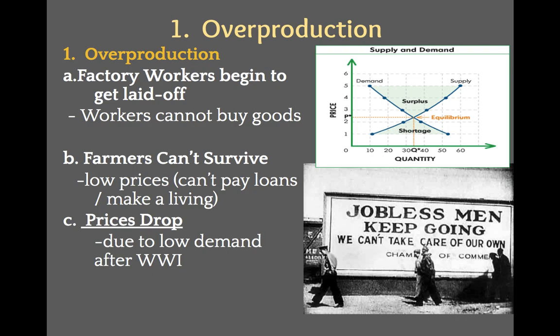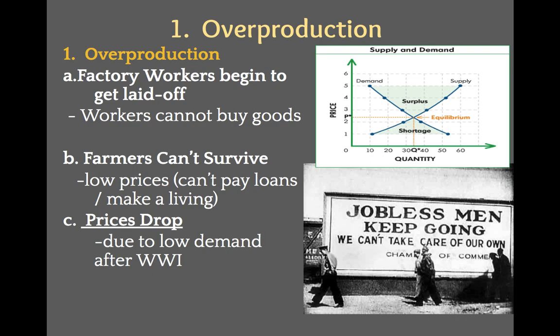We see overproduction both with farmers and agricultural workers, which causes the price to drop. We also see that with factory workers, okay? As soon as World War I ends, the demand is going to go down. So we're still producing things, but people aren't buying as much. Even with easy credit, people aren't buying as much, okay?